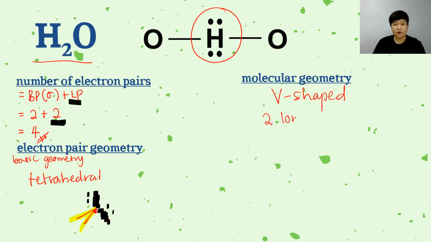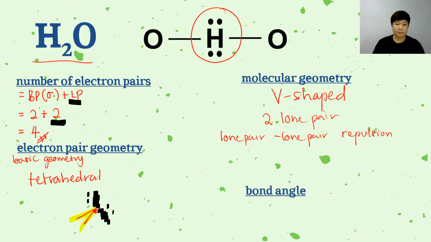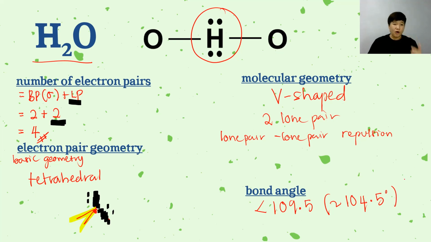Presence of 2 lone pairs at your central atom. And due to the presence of these 2 lone pairs, you will then have lone pair repulsion. And that will cause your bond angle to be smaller than 109.5, or approximately 104.5 degree. It will be smaller than your trigonal pyramidal.